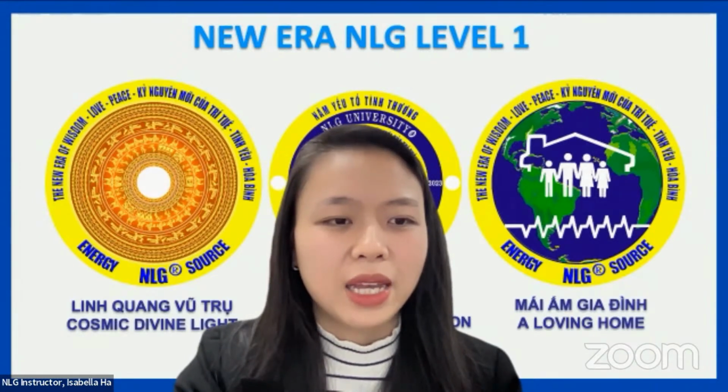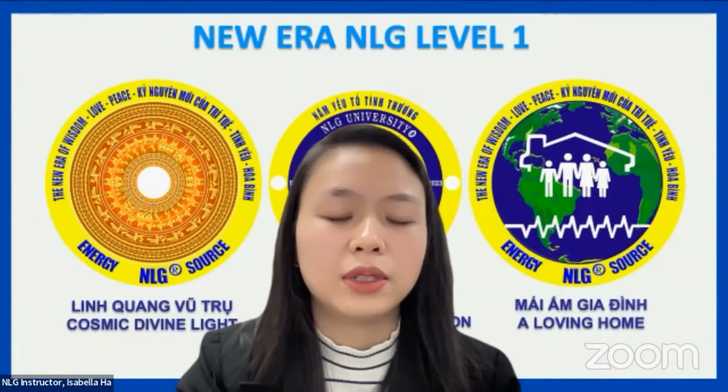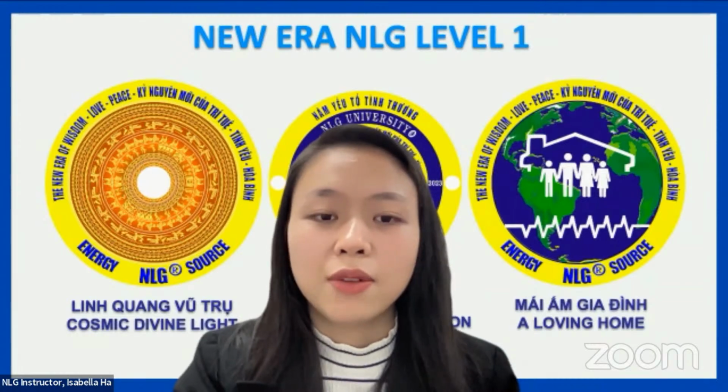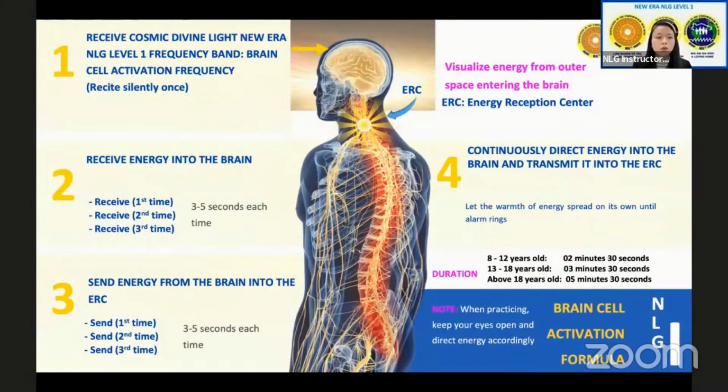Okay, so let's talk about the formulas now, everyone. Remember that yesterday we went through the very first formula, which is the brain cell activation frequency. Now, as I said yesterday, we will no longer use this formula. From today on, we will use other formulas in level 1.